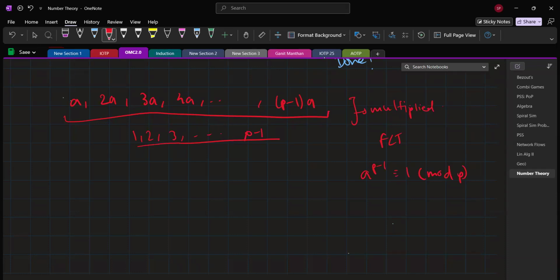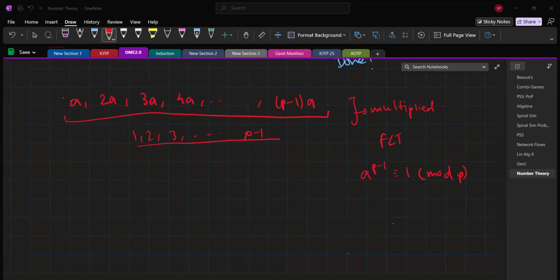So now what is something that we can do here? The only issue when we generalize this from a prime to any n, any m, is that you cannot cancel this. So what can we do to make sure that we can cancel both the sides?